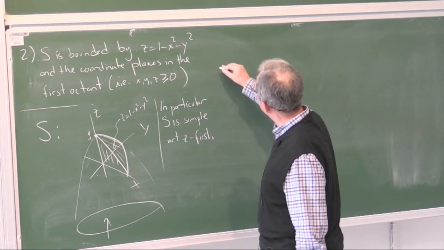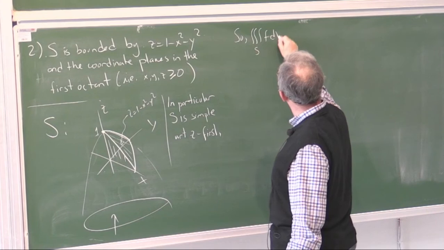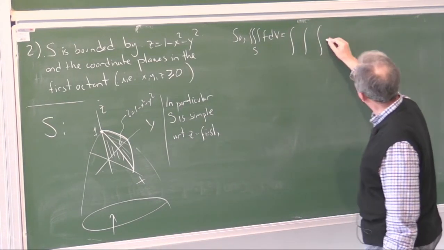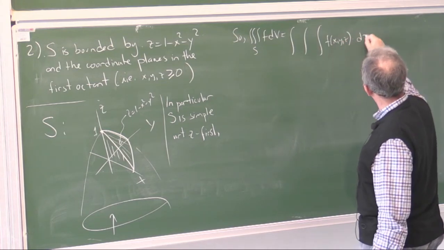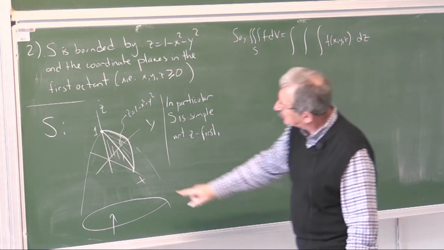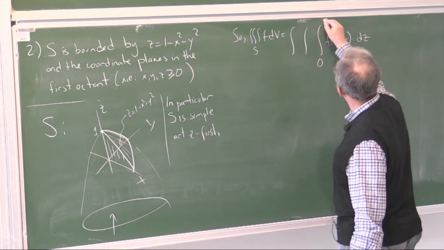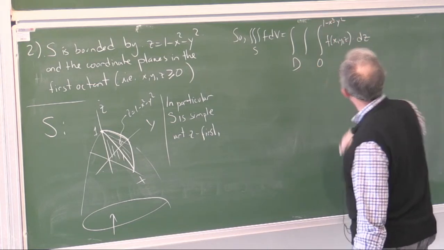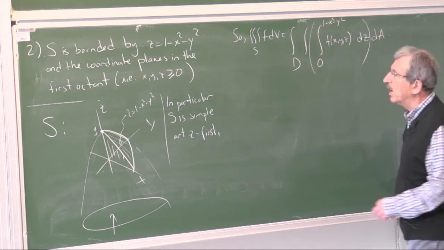So the integral over S of F would be the integral over D of the integral of F dz, z changing from 0 up to the upper part, and then you integrate over D. Now, what is D?